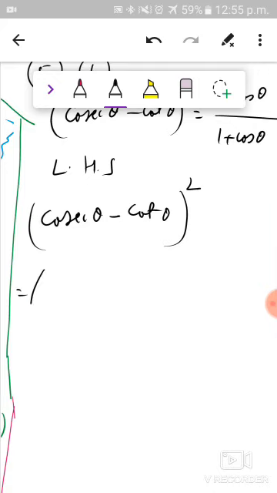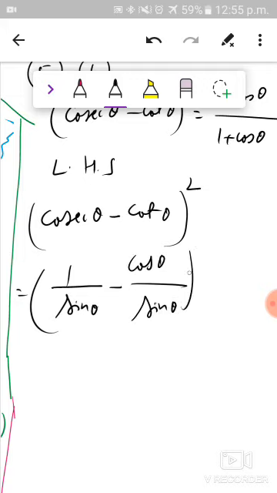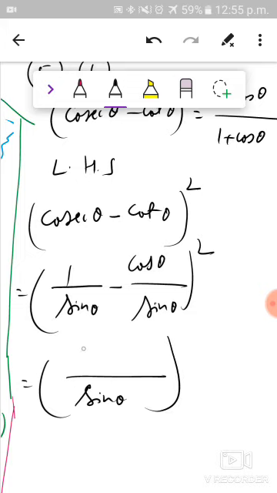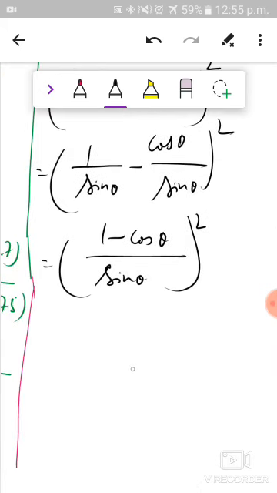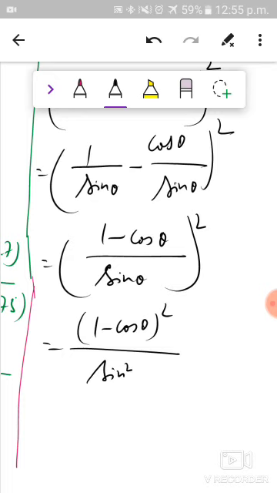So cosec theta I can write 1 by sin theta, minus cot theta I can write cos theta by sin theta, whole square. Taking LCM we will have sin theta, and this is (1 minus cos theta) whole square, which I can write (1 minus cos theta) whole square by sin² theta.